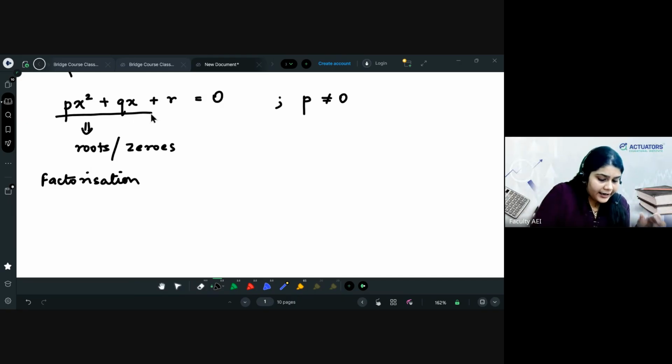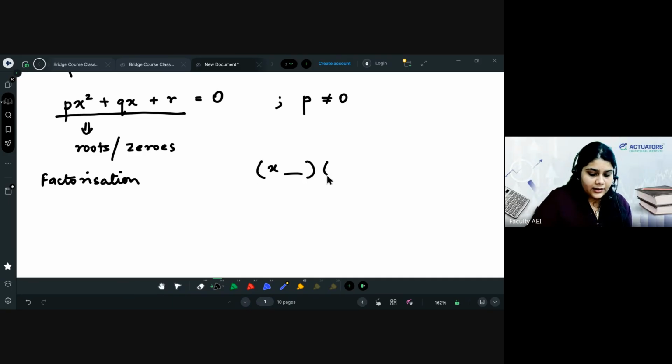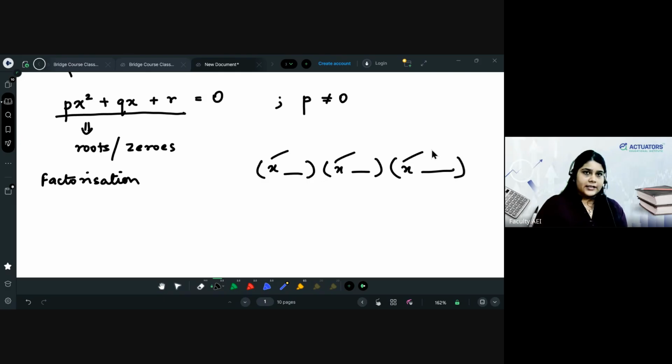We will try to make the quadratic polynomial a factor of two expressions. ठीक है? Because usually when it's a quadratic polynomial, two factors ही हो पाते हैं. Three factors will not work, because three factors would mean x with something, x with something, and x with something. So you can see कि we have three x's. So when we'll multiply all of these, we are likely to get an x cube term.